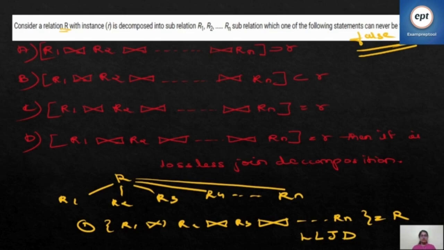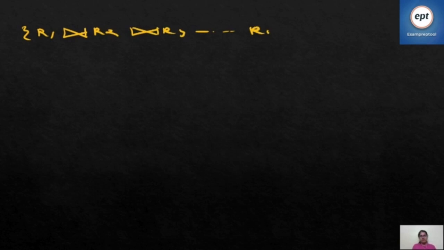The second possible case is if we take the natural join of R1, R2, R3 and so on up to Rn. It is possible that if the selection is not possible, because of this we can derive many rows, many tuples.